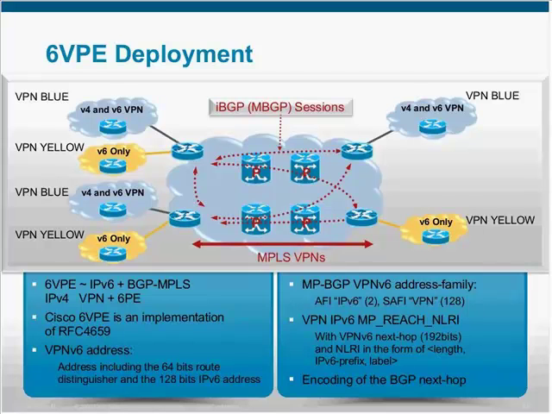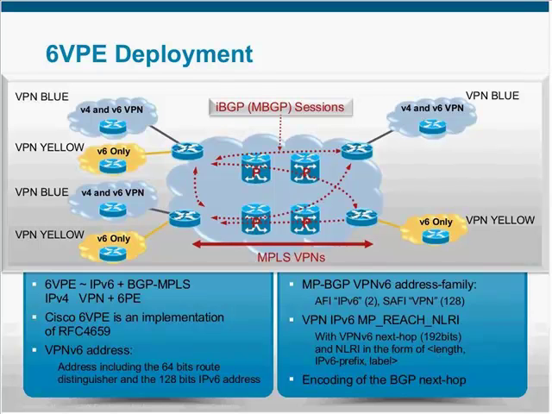The same technique would be used to propagate the updates from one VPN site to another through the core, with IBGP, more specifically multi-protocol BGP. In this case, we would use address family VPNv6, for those who are familiar with the BGP address families.